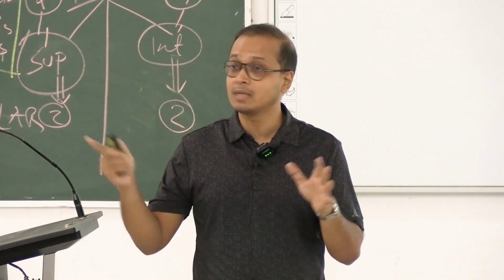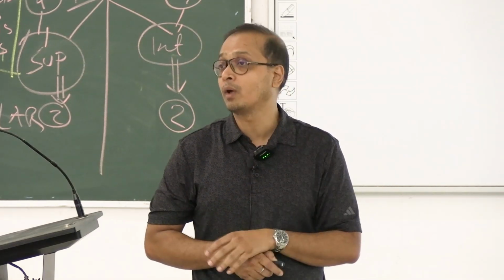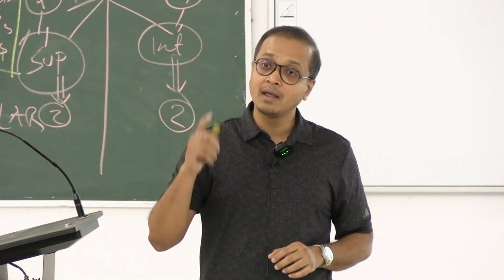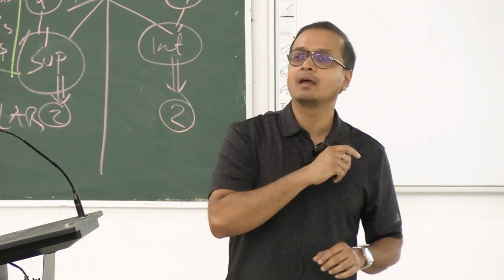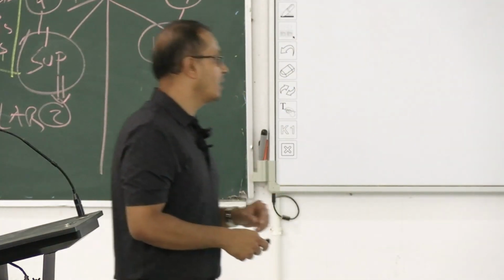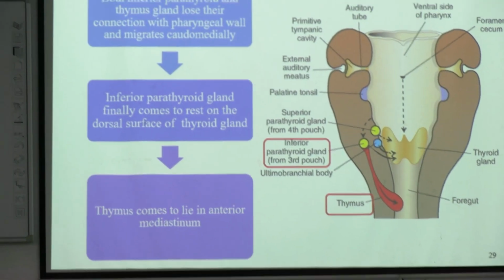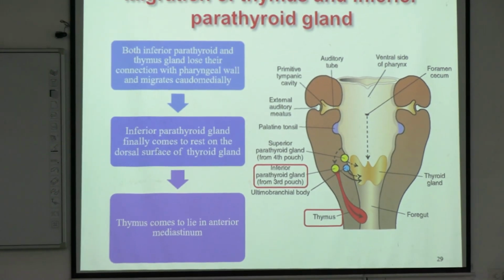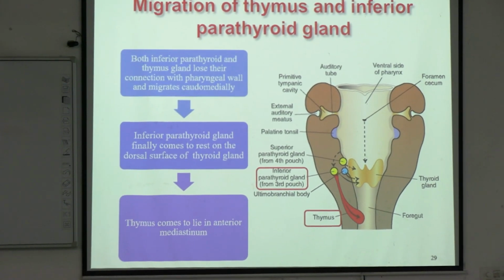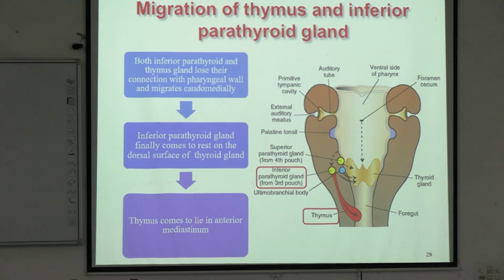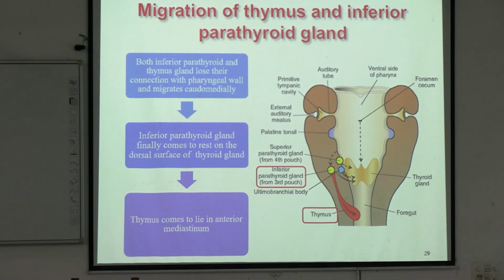You name the place, it can be anywhere. So there is a migration hazard. We call it a migration error or migration problem in the superior and inferior parathyroid glands, and the inferior parathyroid gland is more prone to abnormal positions because it migrates. This is what we have to keep in mind regarding these pouches.